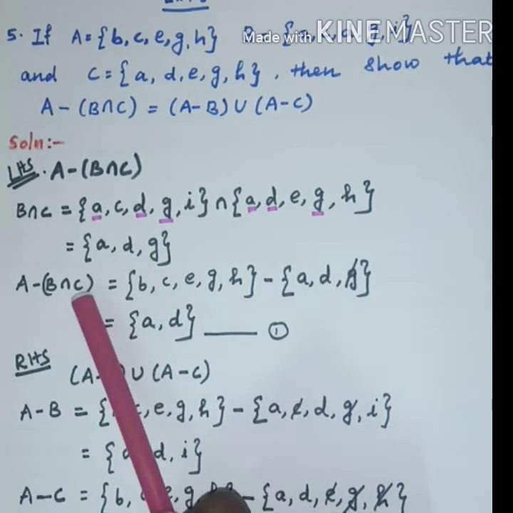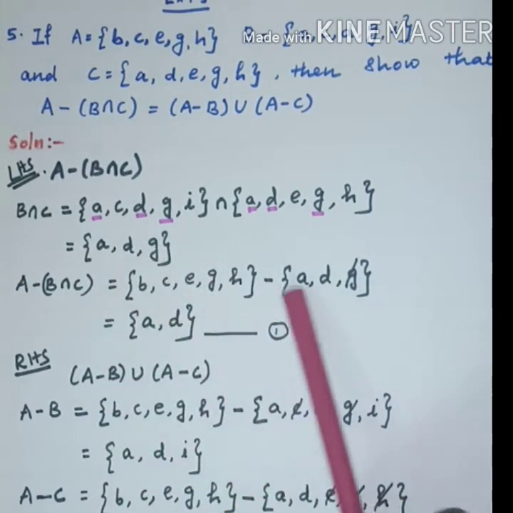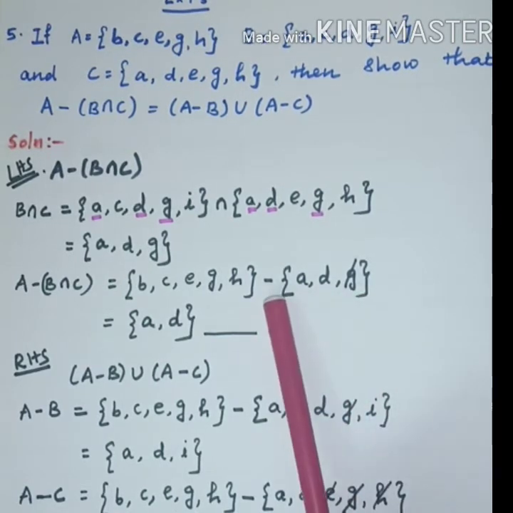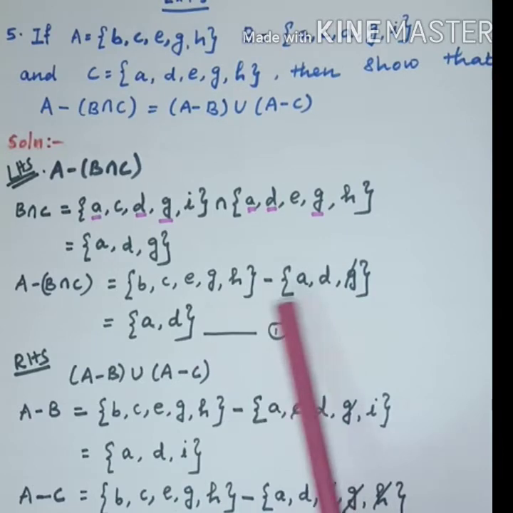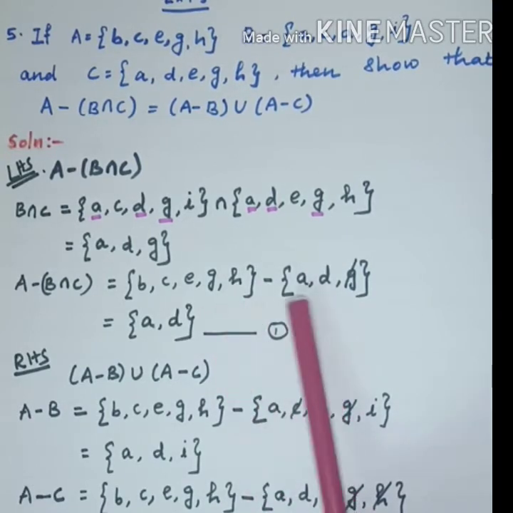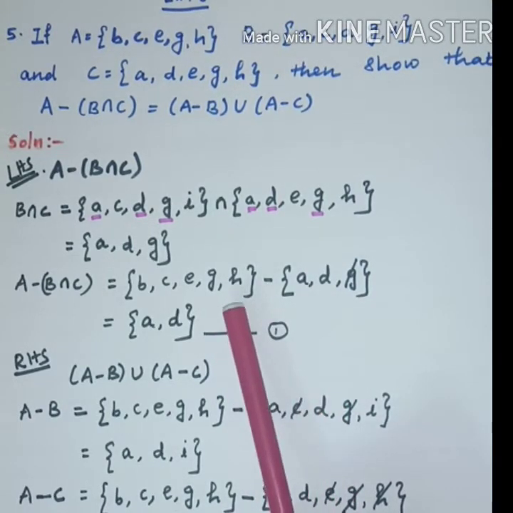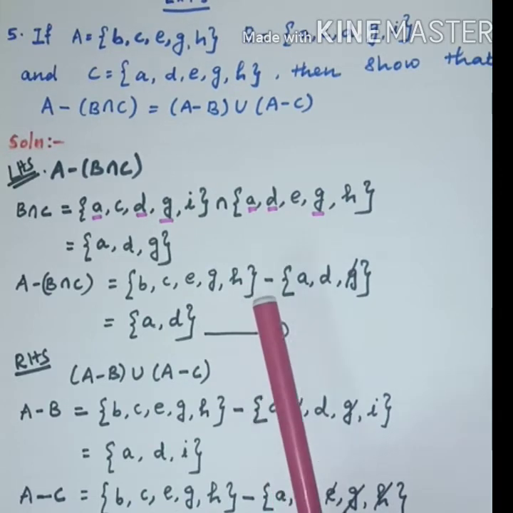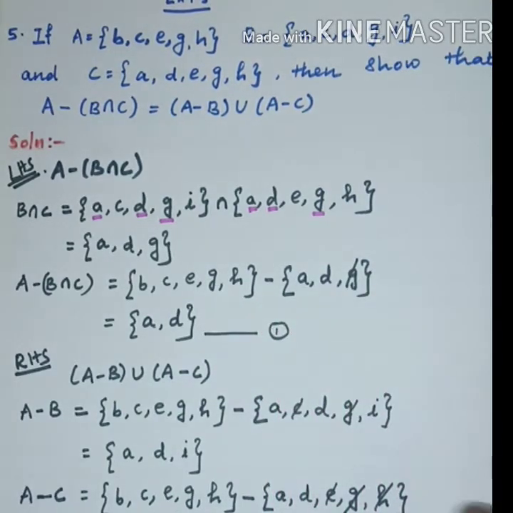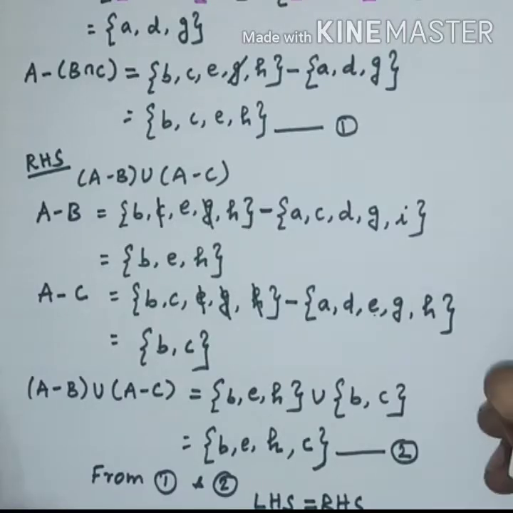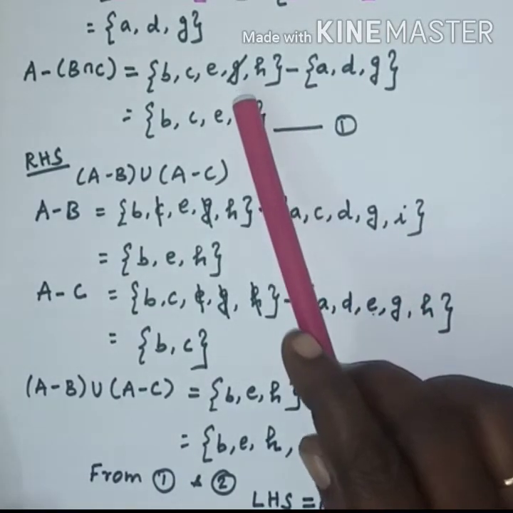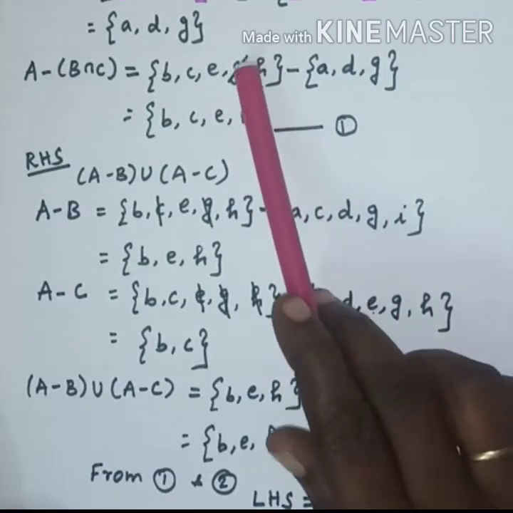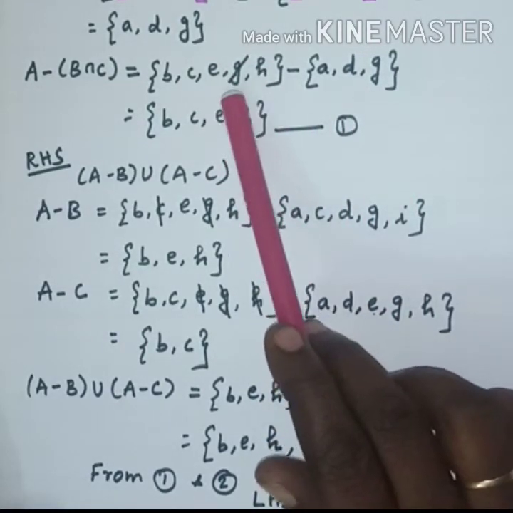So write the elements of B intersection C instead of B intersection C. Now, the difference symbol is given in between the sets, so you have to eliminate the common element in both the sets and remove that element from the first set.